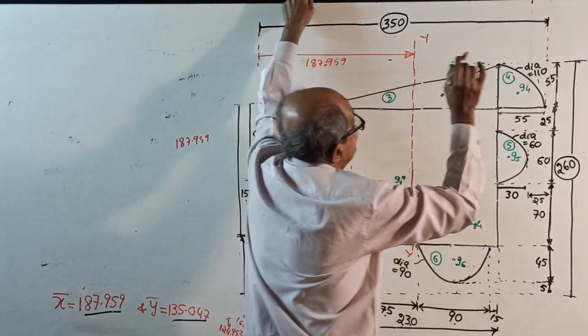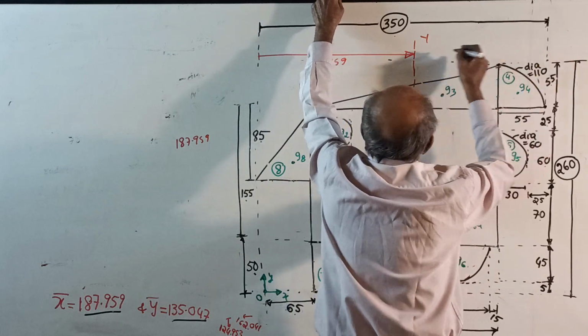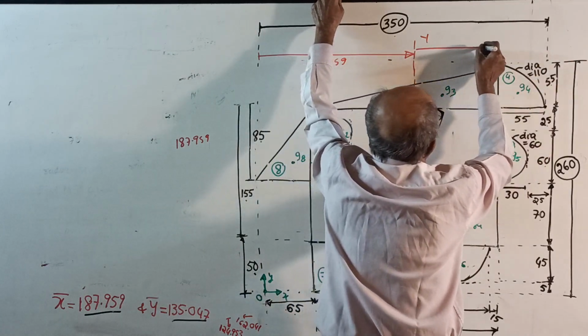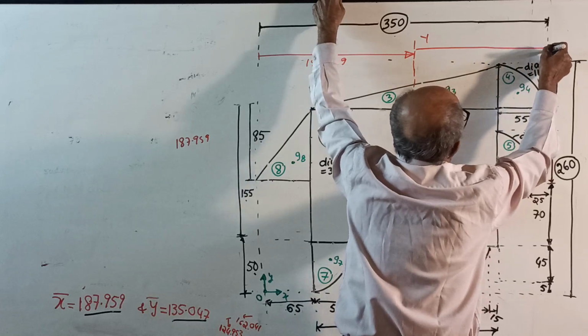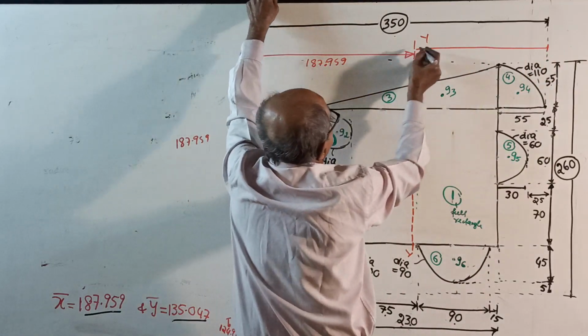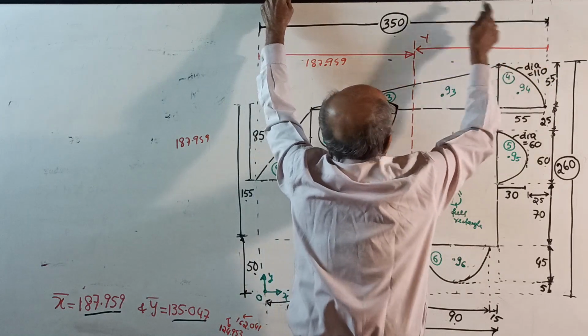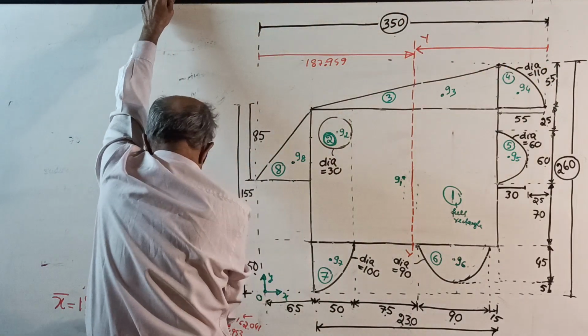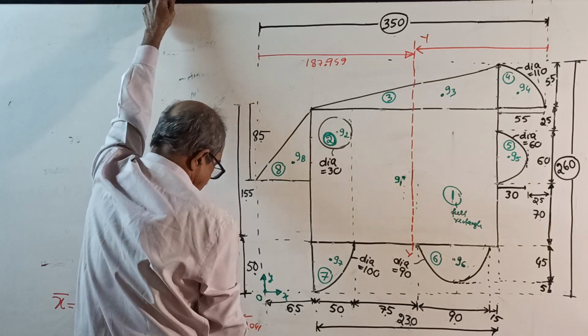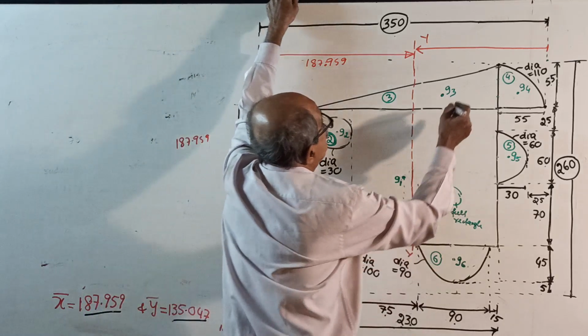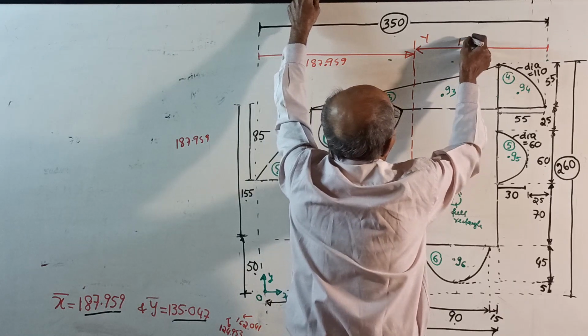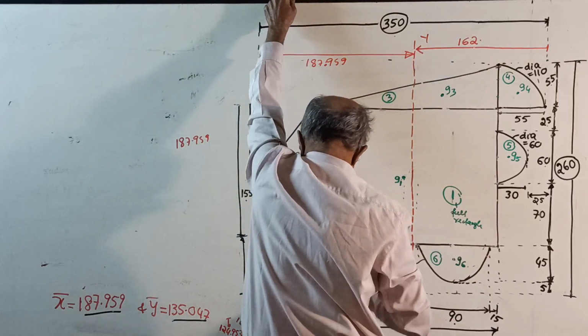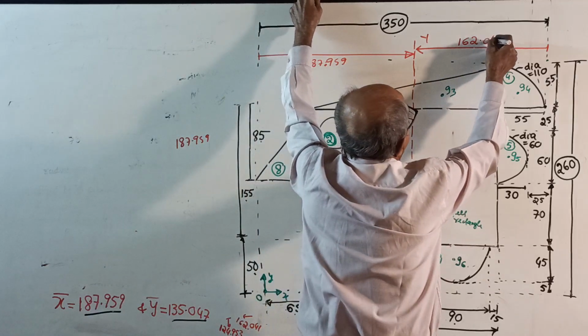And then from this extreme end, here to this, it will be 350 minus 187.959, which will come to 162.041.